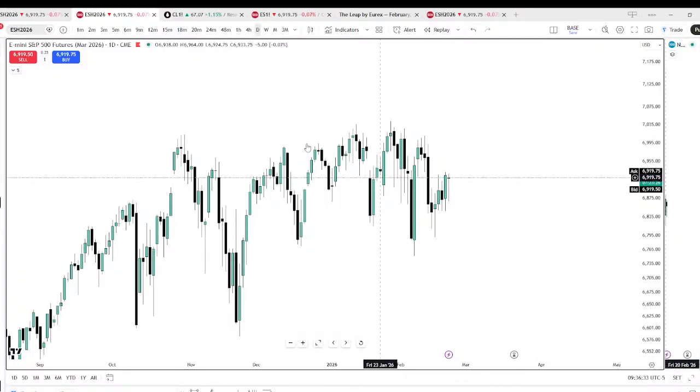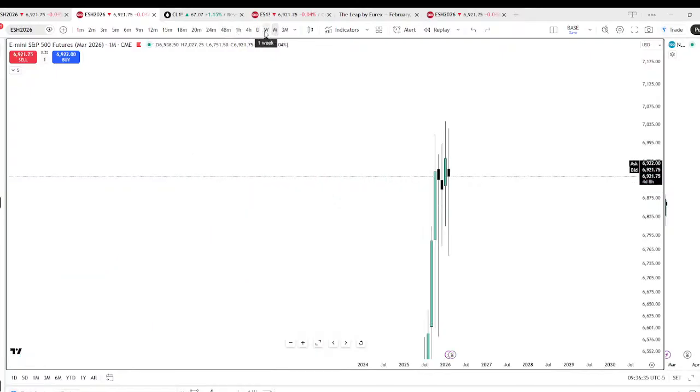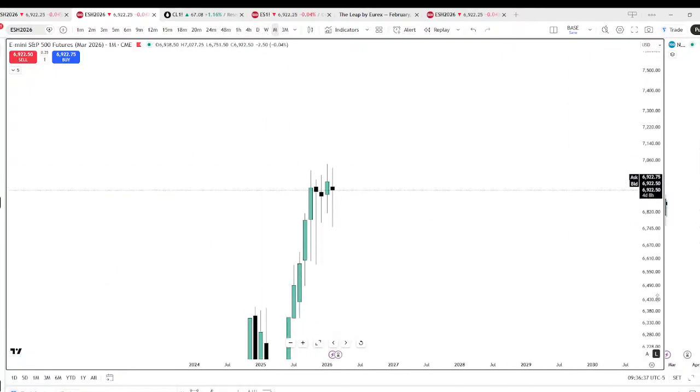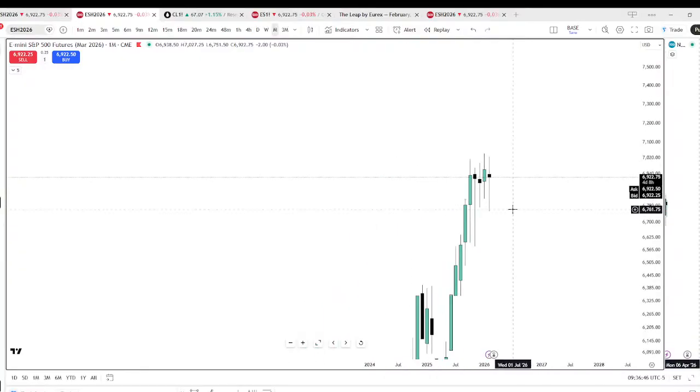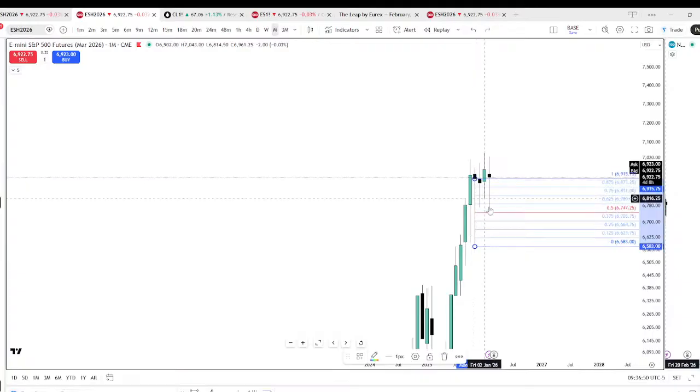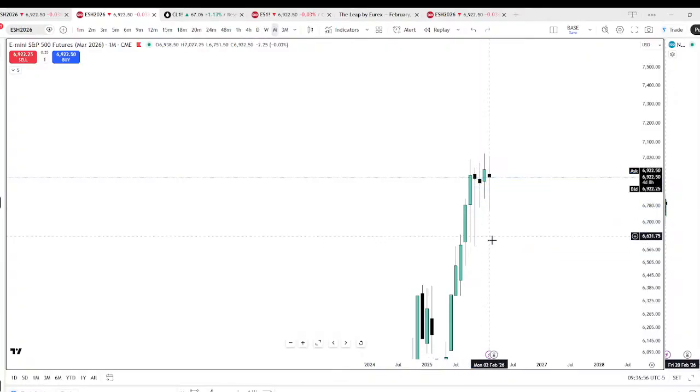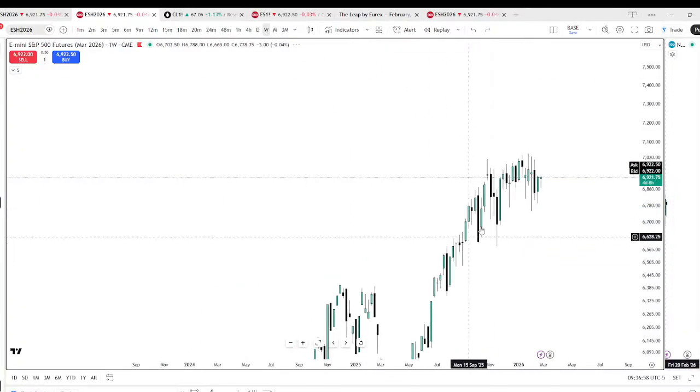So, first thing, we note that we took out the monthly lows here from back in December. Also found ourselves just nearly making it to that consequent encroachment of November's monthly wick.